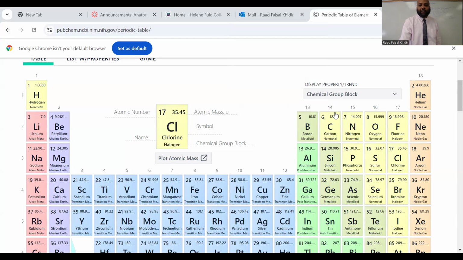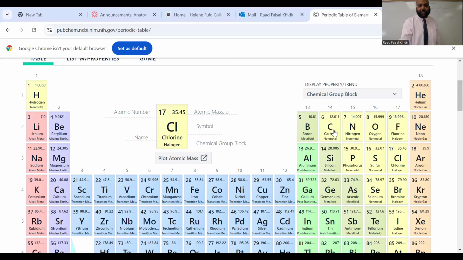So now if I want to find out how much glucose is, this is a typo, it's not 66 carbons, it's 6 carbons, because glucose has 6 carbons, 12 hydrogen, 6 oxygen. If I want to know the total molecular weight for glucose, I multiply each count by its atomic mass unit.